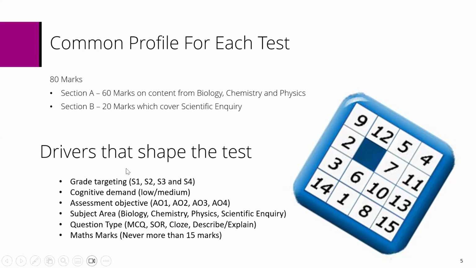For example, as you know, when we grade, the students are graded S1, S2, S3, or S4, and I have to make sure there are the right number of marks available at each of those different attainment levels. As well as that, I've got a target that a certain number of questions have to be accessible with a low cognitive demand and a certain number with a medium cognitive demand.